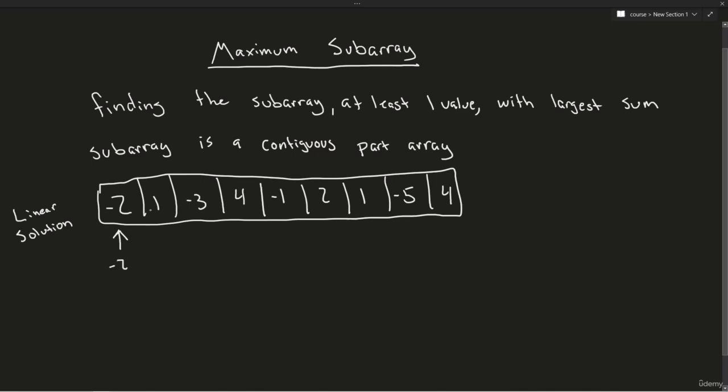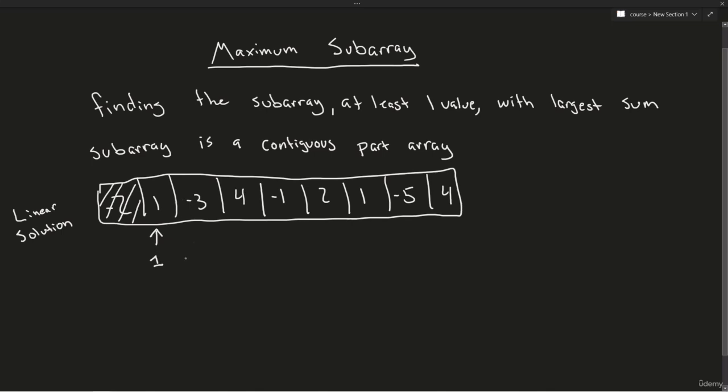So we have -2, and then if we go to 1, so if we added 1, well, we're still at -1, but 1 is obviously greater than -2, so there's no point in even worrying about that -2. So we'll just go ahead and discard this value because we know that it doesn't make sense to start there if 1 is already greater than that -2. So we'll move our index over to here, and now we're starting at 1.